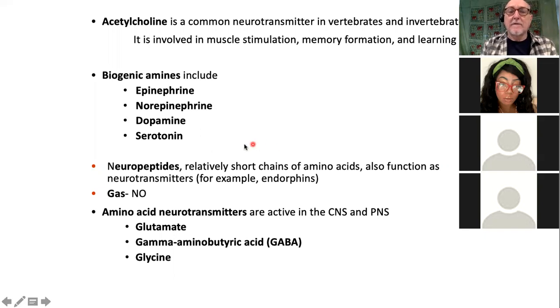There are also some neuropeptides which act as neurotransmitters. One of them that you may have heard of are the endorphins. Endorphins are neurotransmitters which are released under prolonged stress and pain. Endorphin means a natural morphine product.